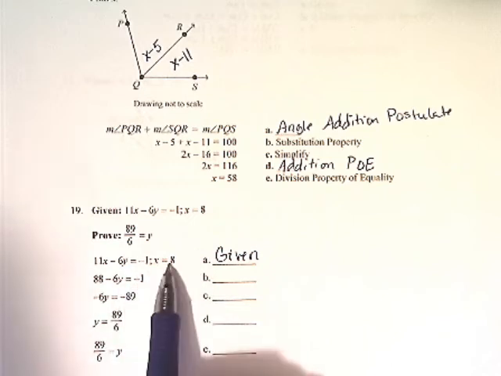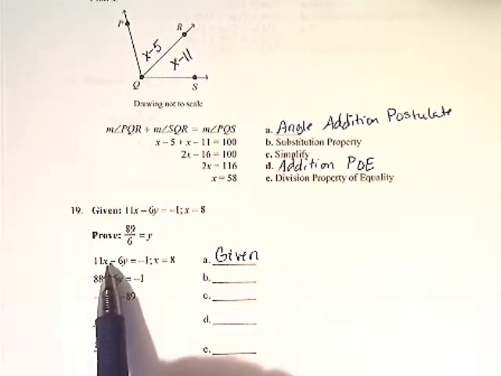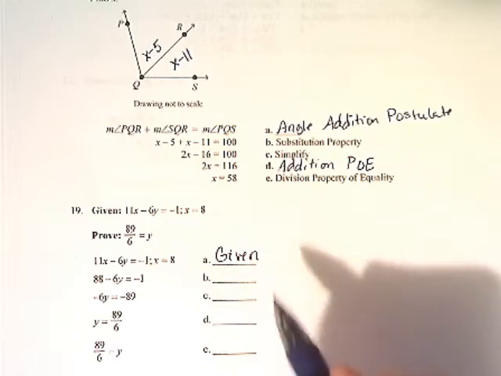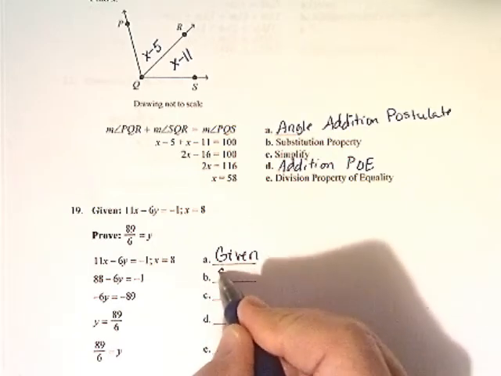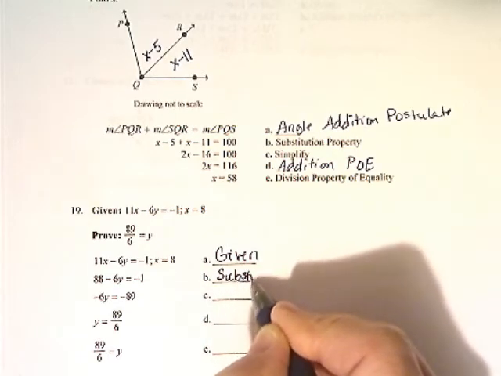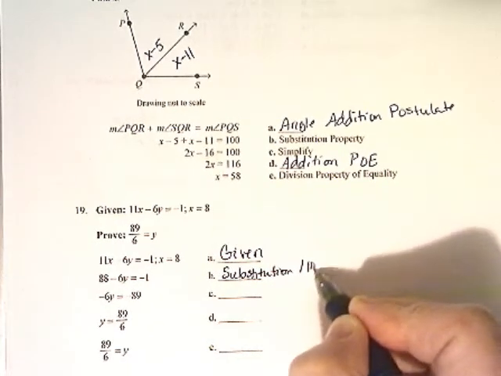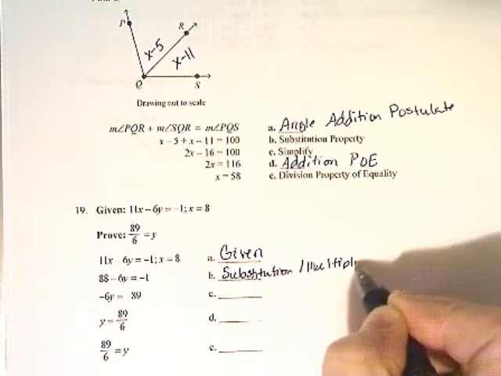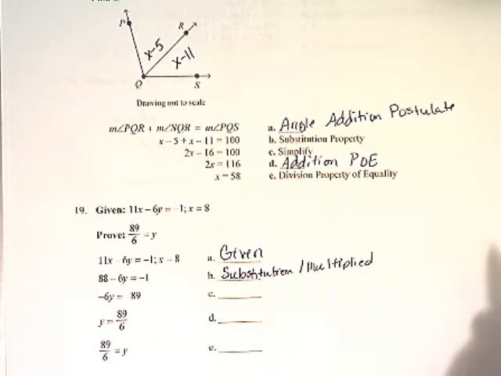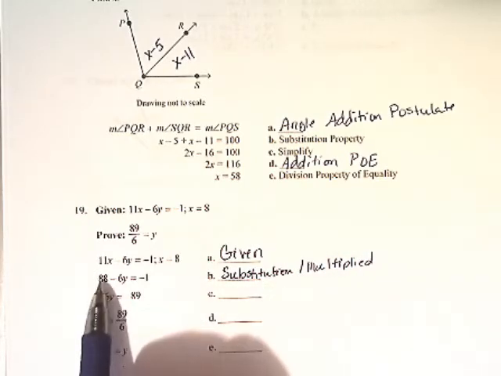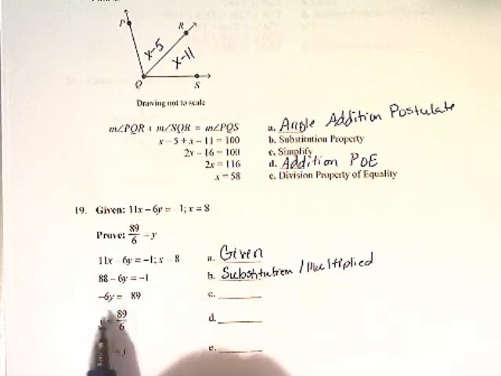And the next thing they do is they take that 8 and they put it in place of x. So for part B, they've used the substitution property. And you know what else they've done? They've multiplied. The book only has substitution property, but I know and you know they multiplied. I want you to put that down too.